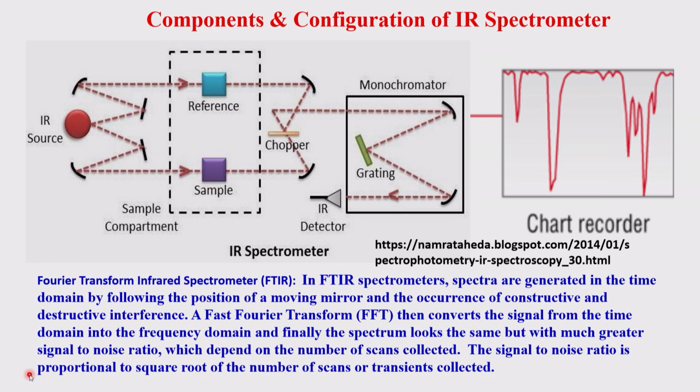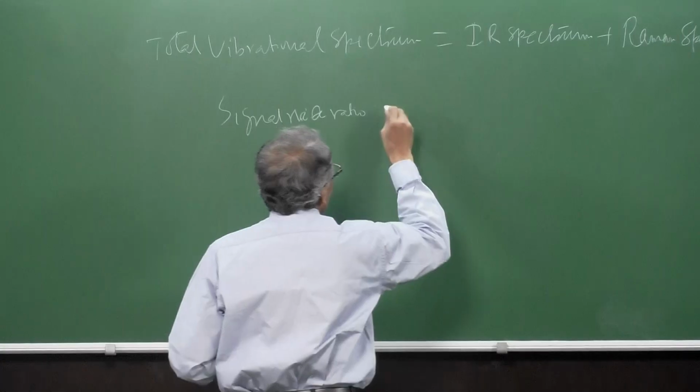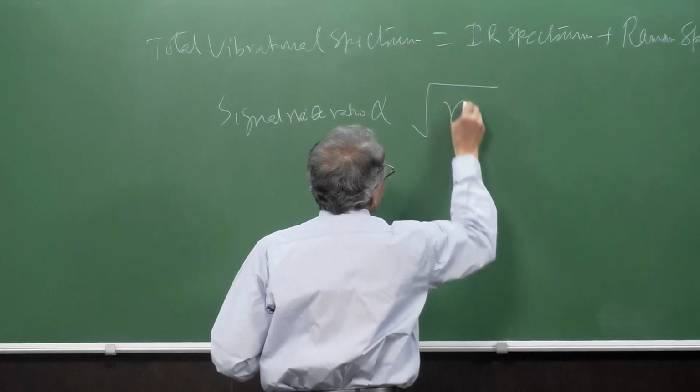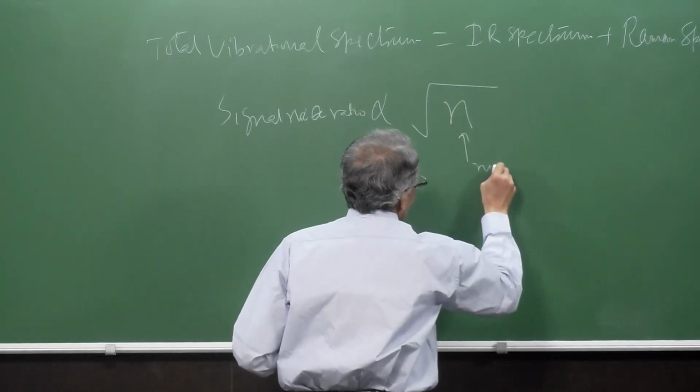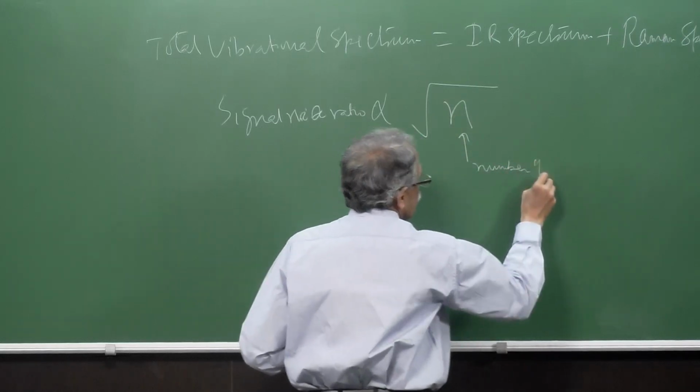And you can add together a large number of scans, and therefore you get a greater signal to noise ratio. The signal to noise ratio is proportional to the square root of n, where n is the number of scans.